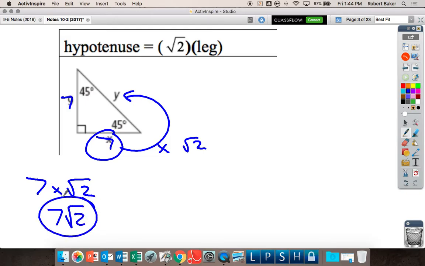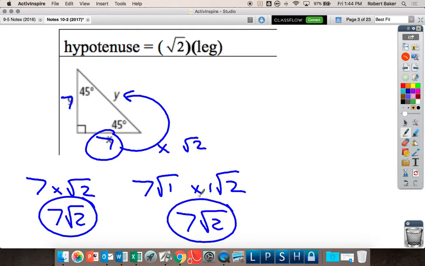Remember how we worked on this? We had 7 times the square root of 2. 7 times 1 is 7. 1 times 2 is 2. I know it's the first time we've been talking about it. Whenever you do a whole number times a radical, they become together the whole number and the radical.